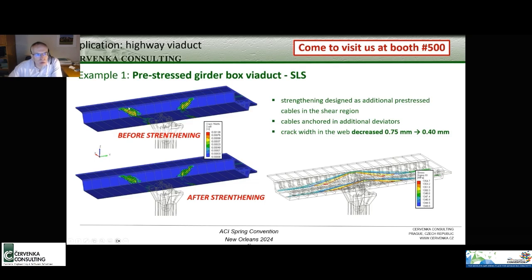And you can see also how the crack width was decreased by application of this strengthening. Well, you would say that maybe the crack width hasn't decreased that much, but that's unfortunately due to the fact that the stiffness of these tendons is not that large.